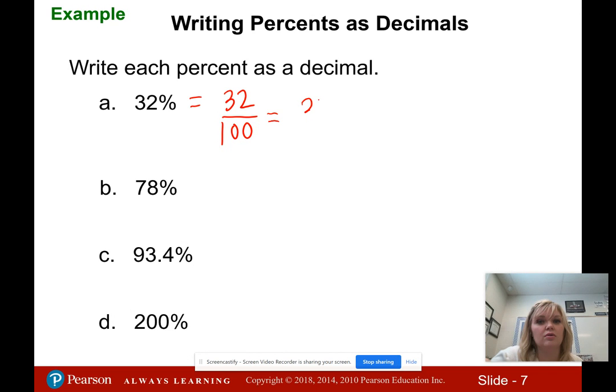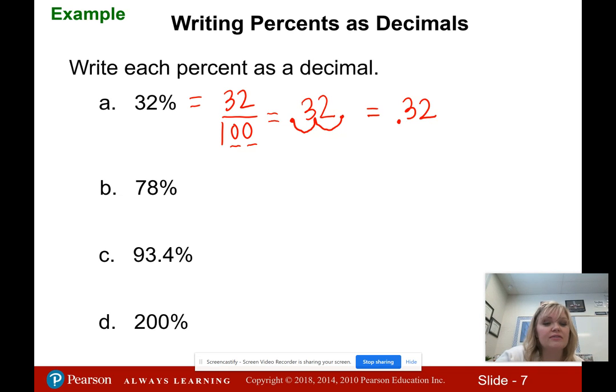With 32, the decimal is after the 2, after the ones place. If I divide by 100, I move it 2 places to the left, because there are 2 zeros. So that becomes 0.32. If in your calculator you did 32 divided by 100, it will also show 0.32. But it's much easier to do the shortcut, because we don't need a calculator for this because we're smart.